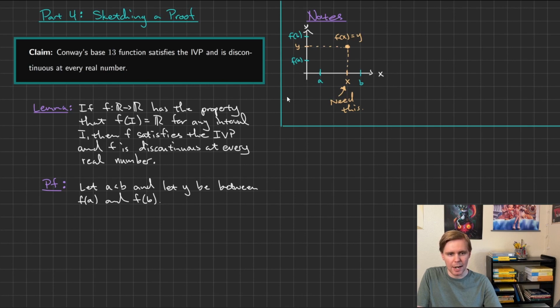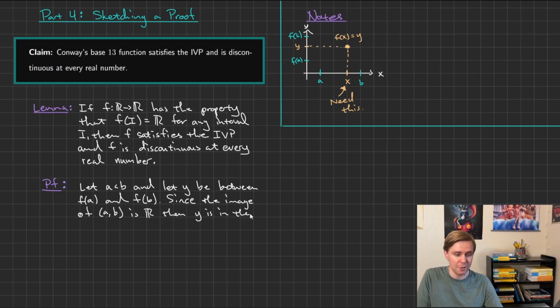Because in particular, I know the image of this interval, a to b, is all real numbers. So that means y has to be in this image. So since the image of AB is R, then y is in the image. And that's it, really, for the first part. So f satisfies this intermediate value property. Good.